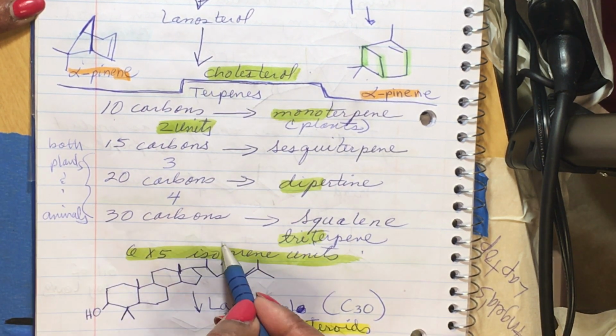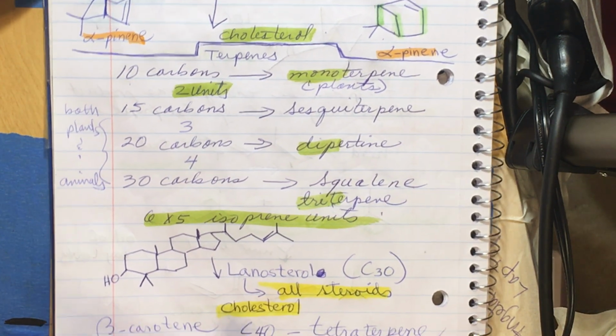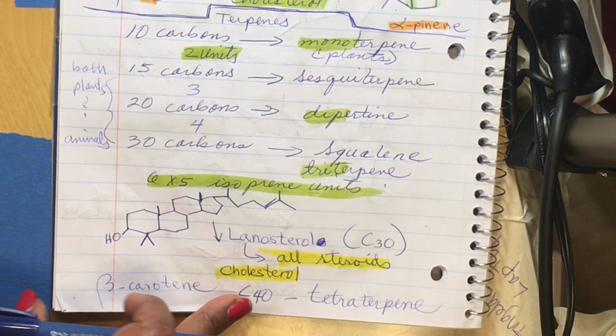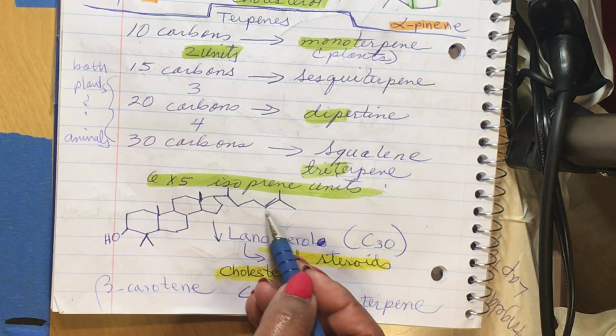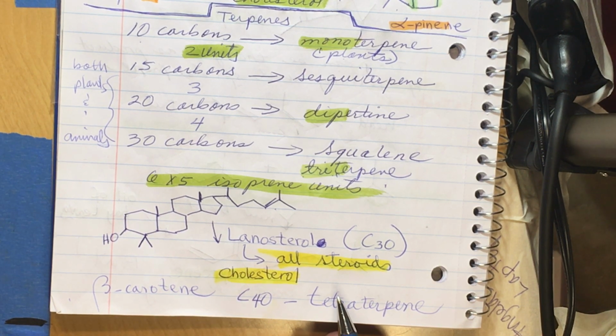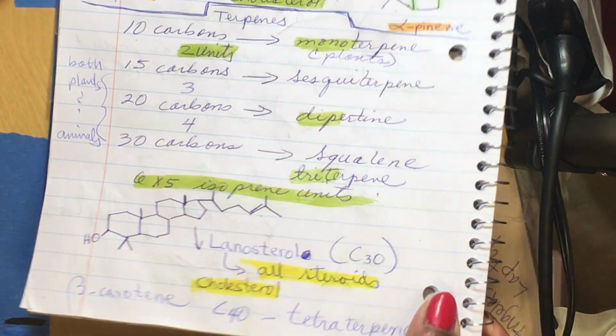And the one that is interesting for us is squalene, a triterpene, because it will be the precursor for the synthesis of cholesterol. Cholesterol is made from lanosterol. And we are going to look at the mechanism of the synthesis of lanosterol that includes the formation of a carbocation and a cascade of carbocations with hydride shift and methyl shift.